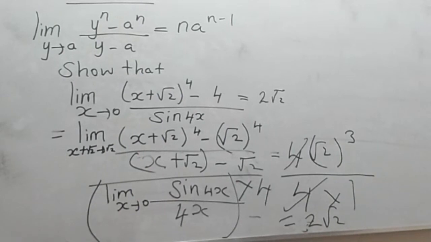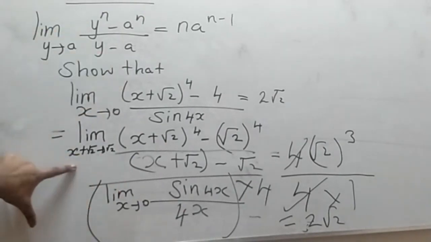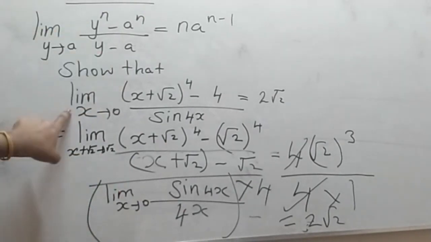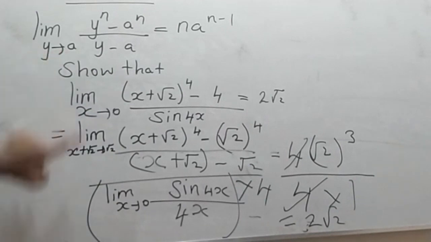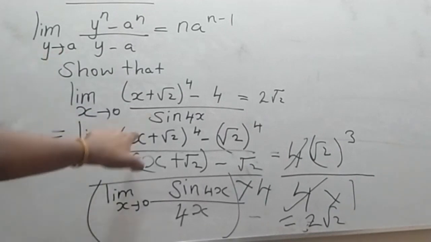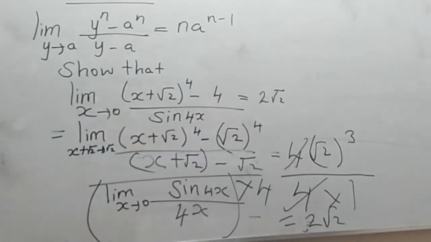So you are going to set it into that format. Other one means you have to set it like this. Here the new thing is in the place of y, we have x plus root 2. Therefore, the limit you should change. If x goes to 0, x plus root 2 tends to root 2. If you change the limit only, it is correct. See, y tends to a. So in the place of y, what we have? X plus root 2 tends to root 2. In the place of a, we have root 2.